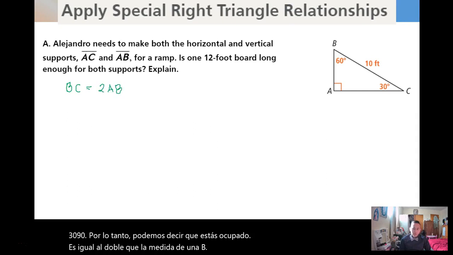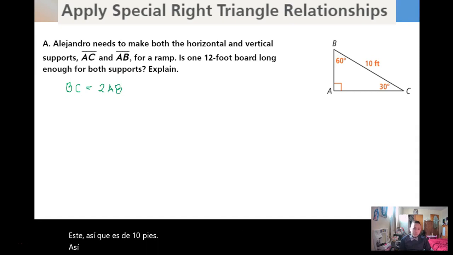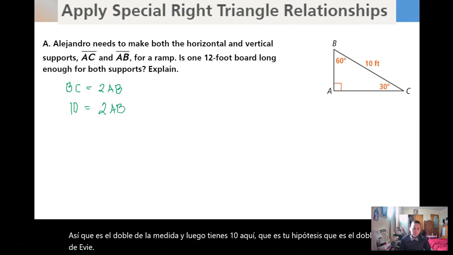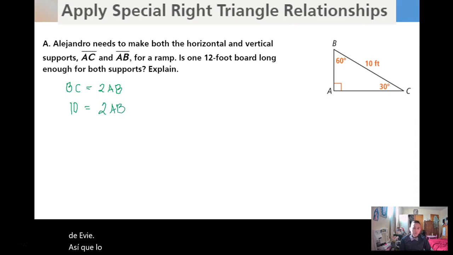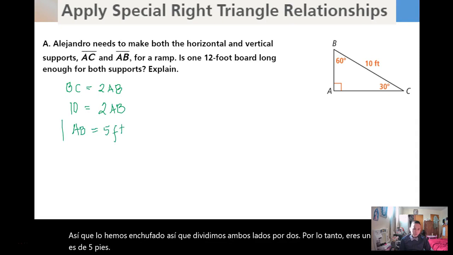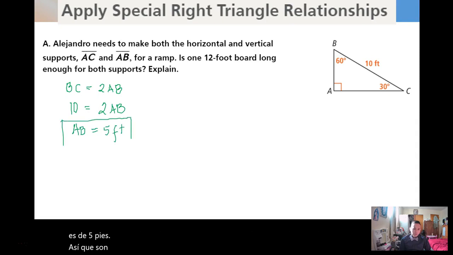So it's 10 feet, and your 10 here, which is your hypotenuse, is twice AB. So we just plug that in. We divide both sides by 2. Therefore, your AB is 5 feet.